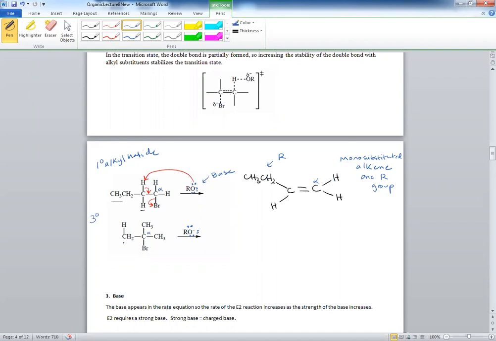If we do this one, here's our beta hydrogen. And the bromine is kicked out. Your product, of course, now would be a CH.